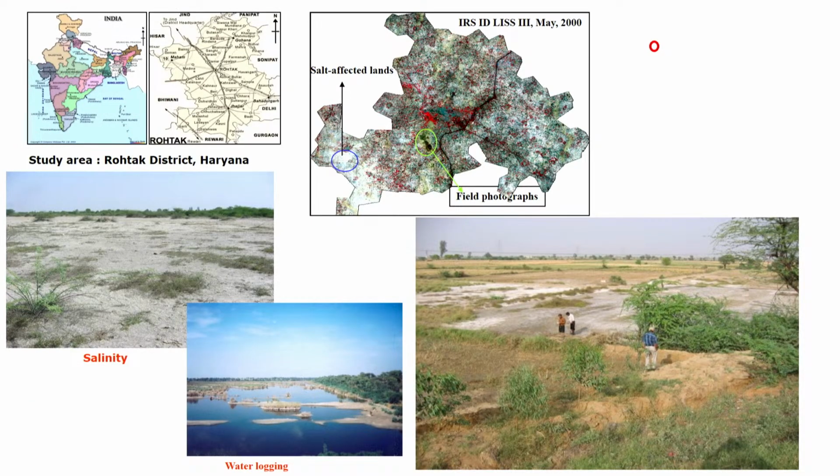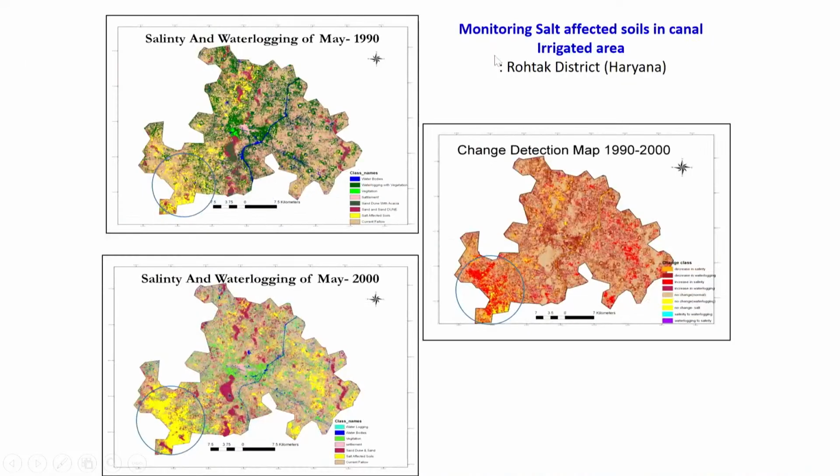I can use the salt affected soils map for monitoring purposes also, because here you see the picture is showing the salt affected soils and waterlogging in Rohtak district of Haryana. So you can see here whitish tone salt affected soils, and this picture is showing the image classified in 1990, and the salt affected soils are shown in yellow color in May 1990.